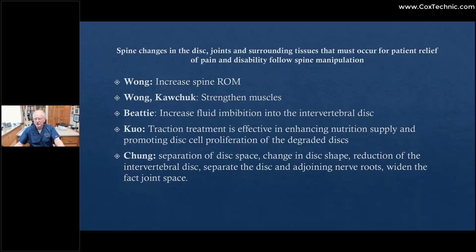And then finally, the work of Chung from Radiology Journal. Chung showed that when you and I do this technique, we are increasing disc space height, we change the disc shape, and we reduce the intervertebral disc pressures. We separate by widening the disc space, relieve compression of adjacent nerve roots, and we widen facet joints. So before we ever place a joint into physiological range of motion with what we call protocol 2, we always distract the spine.